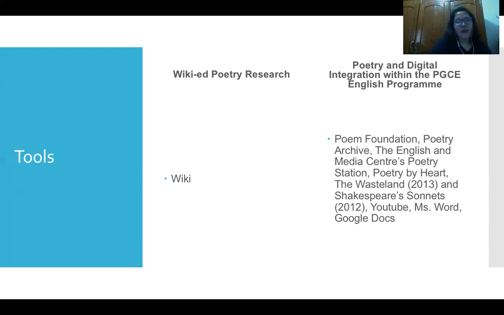While the tools that were used for the second research were Poem Foundation, Poetry Archive, the English and Media Center's Poetry Station, Poetry by Heart, the Westline, and also Shakespeare Sonnets for them to be able to search and listen to some examples of poetry.